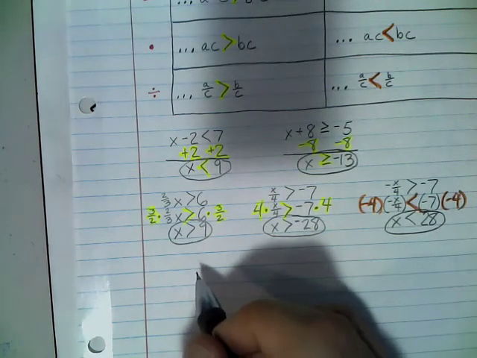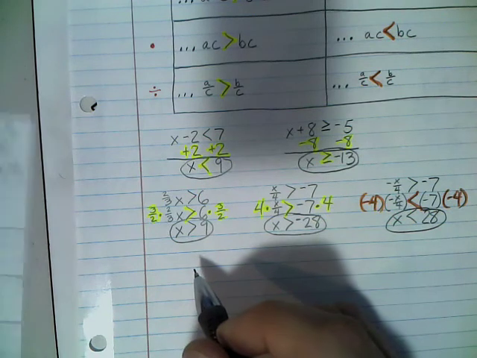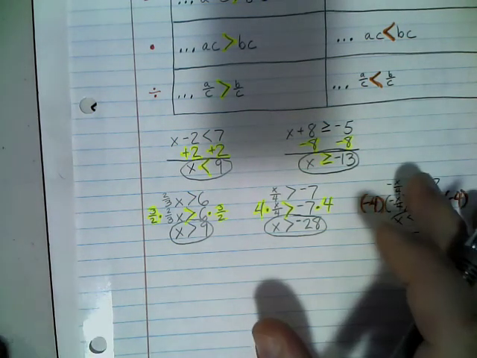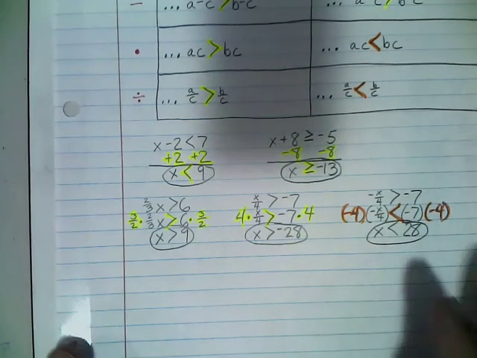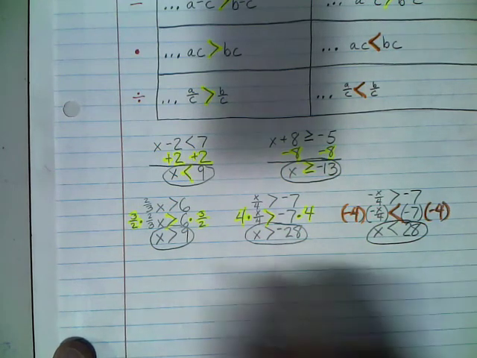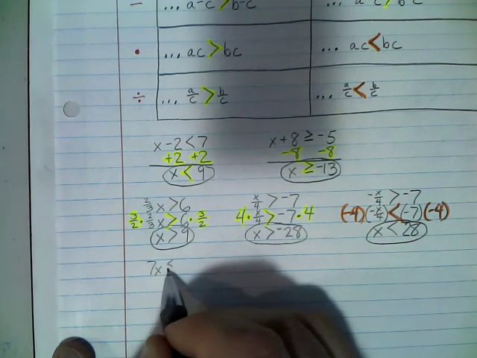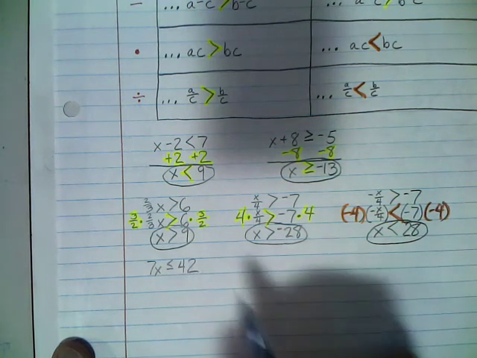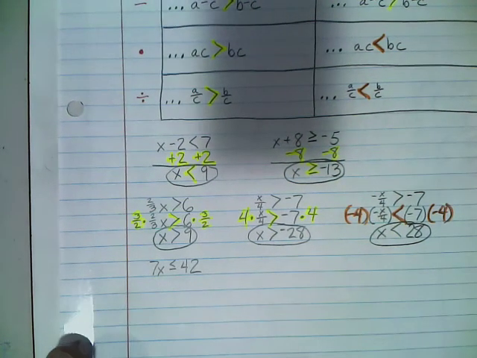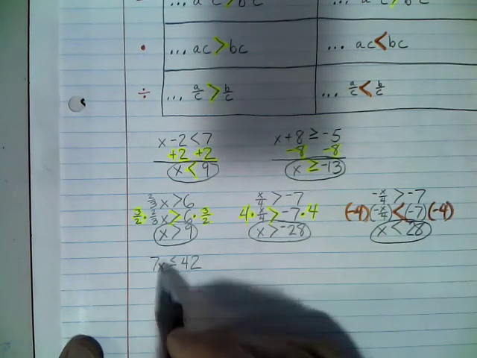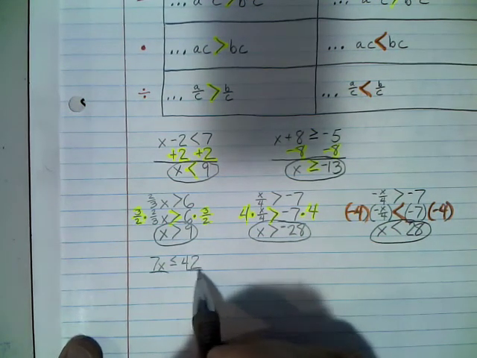Moving on, we'll take a look. We've done some addition, we've done some subtraction, we've done some multiplication, now let's take a look at some division. So for our first example, 7x is less than or equal to 42. So here, we're going to go ahead and get rid of that 7 by dividing both sides by 7.